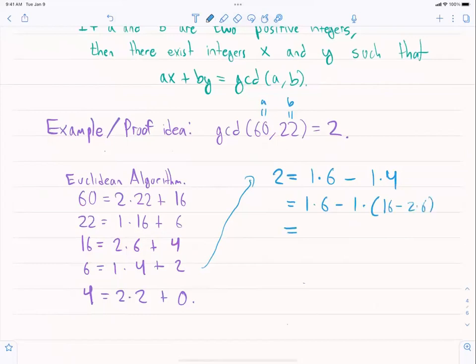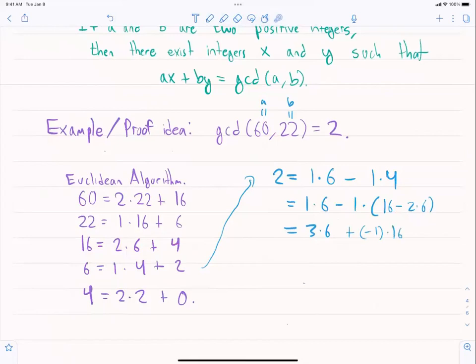Okay, and then if I gather terms, I have 3 times 6. So 1 times 6, then minus 2 times 6, plus minus 1 times 16.